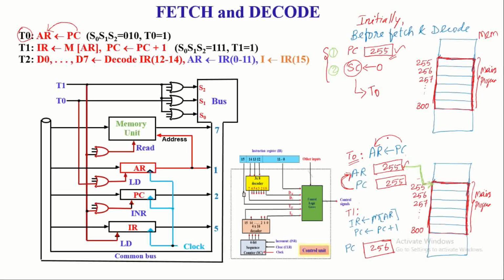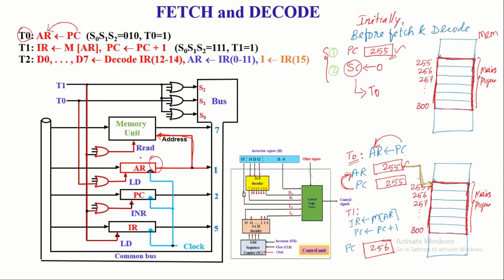This transfer of content from program counter to address register is required because the address register is the only register that is directly connected to the memory. You can observe in the common bus system that the address register is the only register directly connected to the memory unit.